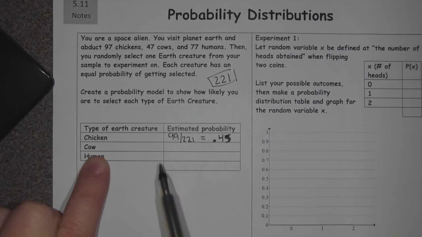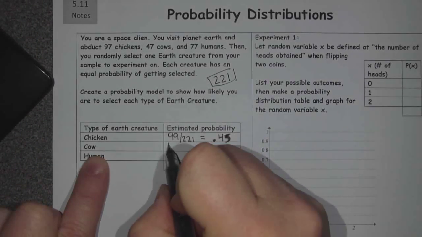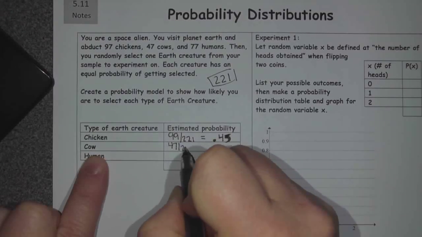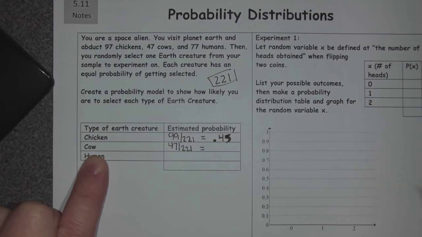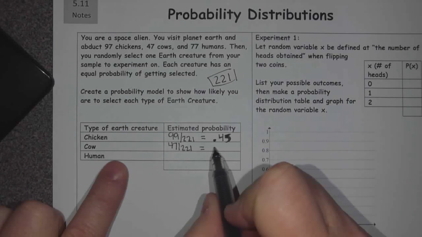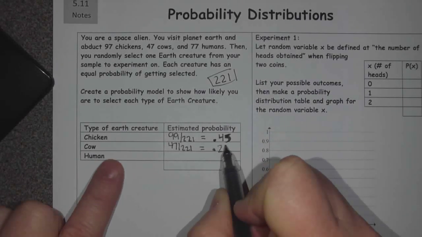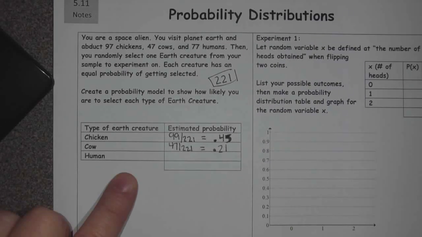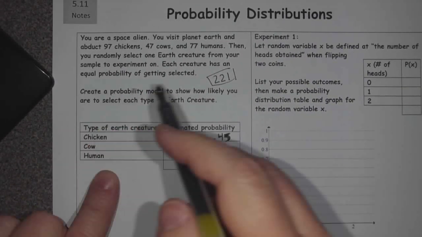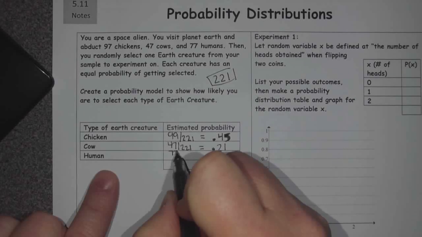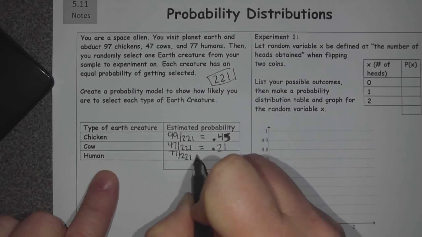How many cows were there total? 47, out of the total 221. Find that as a decimal number for me. So 0.21. Okay. And then humans were 77 out of 221.